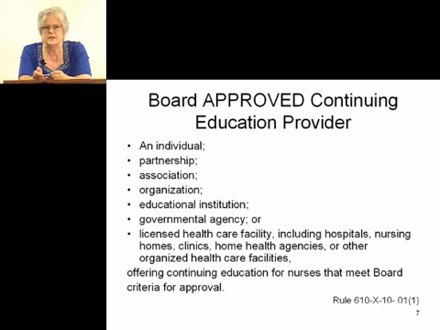It can be an individual, partnership, an association, organization, educational institution, government agency, licensed health care, including hospitals, nursing homes, clinics, home health, etc., that offer continuing education for nurses that meet board criteria approval.